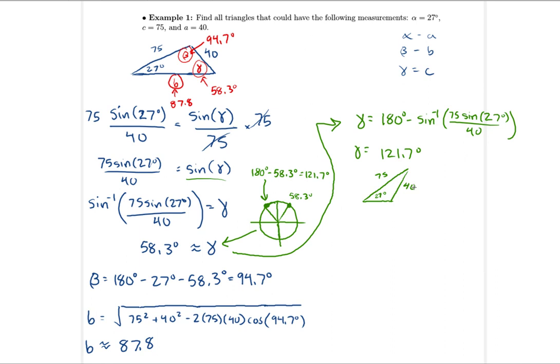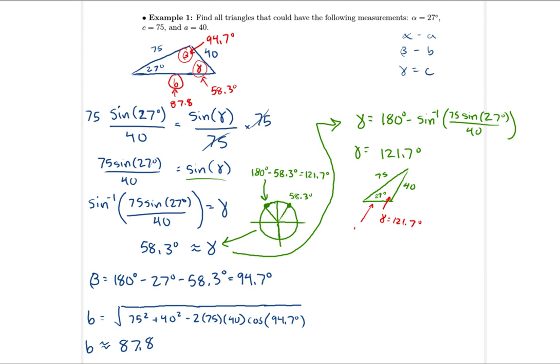But here's what it looks like. We're saying that gamma is actually 121.7 degrees. That means it's greater than 90 degrees, so we have an obtuse angle there.